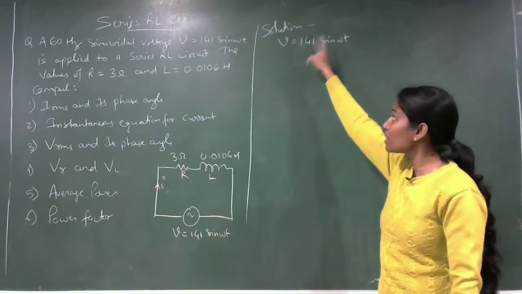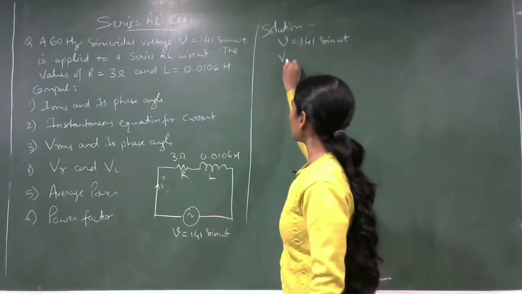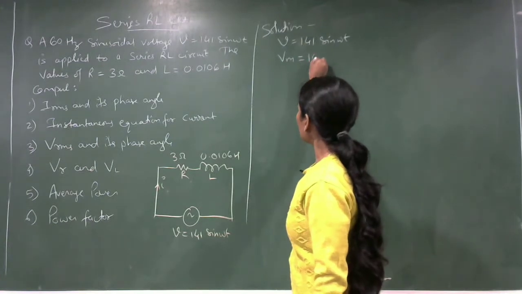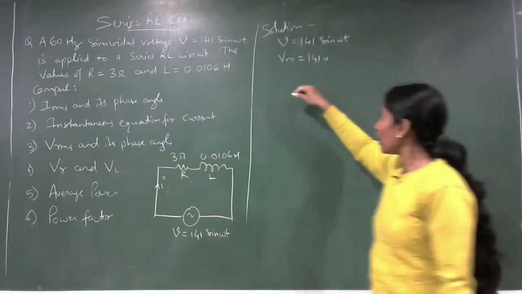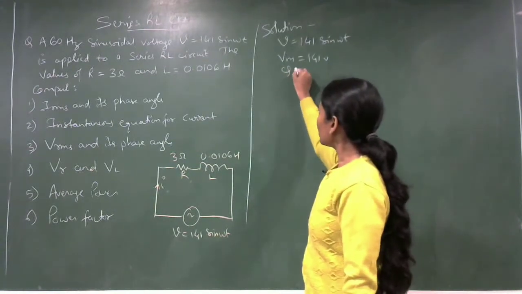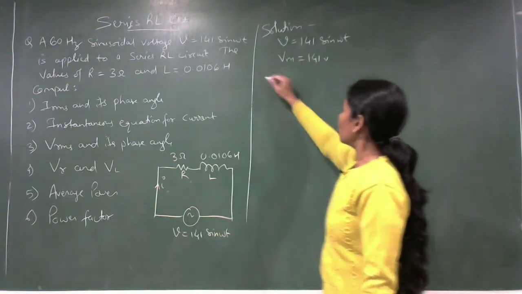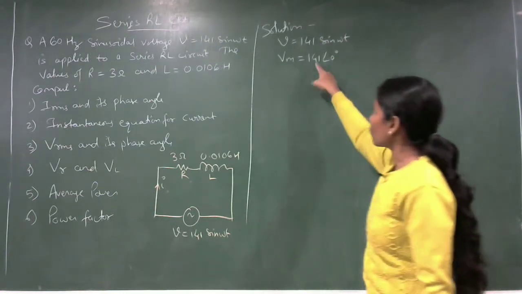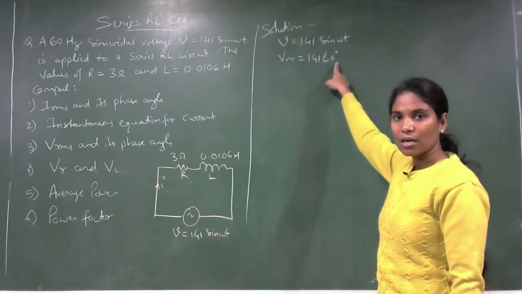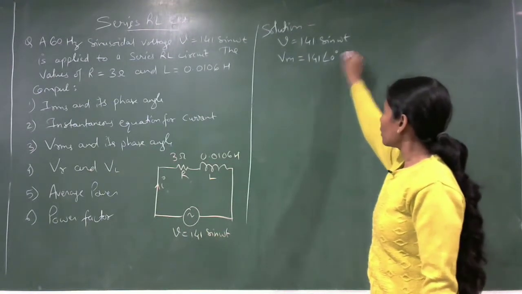Yes, that is the peak value. So we got the information that Vm is 141 volts, the peak value of the supply voltage, and the phase angle for this voltage waveform is 0 degree. I am representing here that 141 is the peak value and it starts with 0 degree angle.